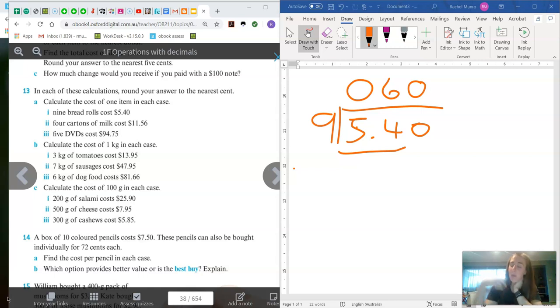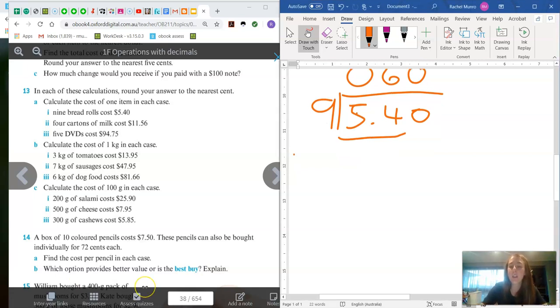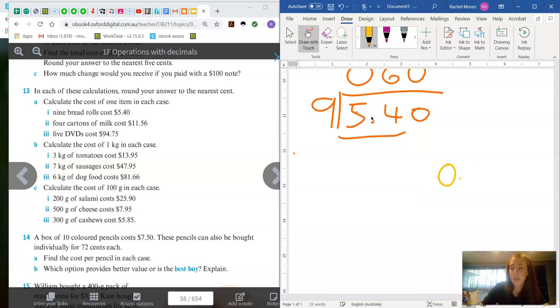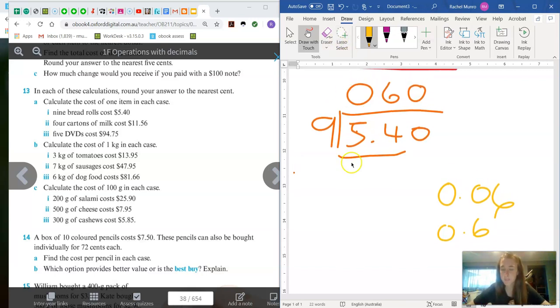So now we need to think about, well, is it 0.06? Is it going to be 0.06? Does that make sense? Or does 0.6 make more sense? If you think about it, I'm this close to having 2 lots of 5 in 9. 2 lots of 5 would be 10.